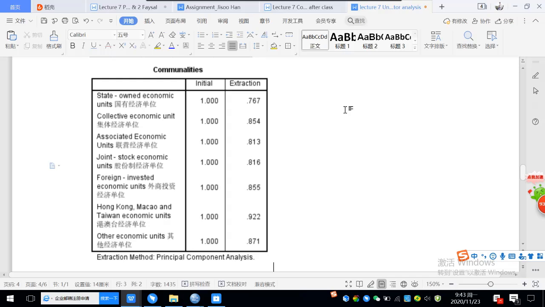So that means most of the information of the variables can be explained by the extracted factors. So that means this time the factor analysis is ideal. Okay, so that means we extract 2 factors is reasonable.